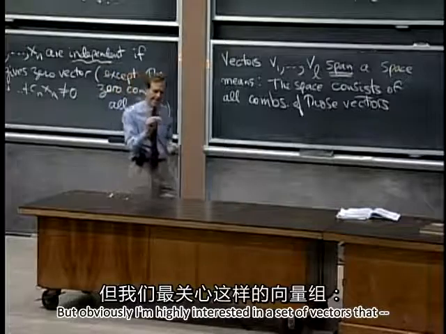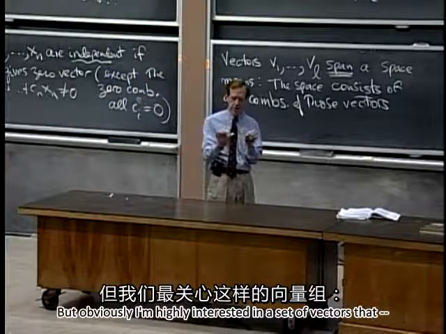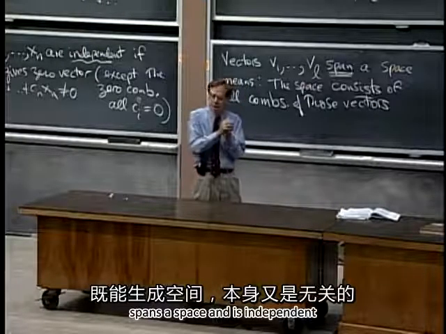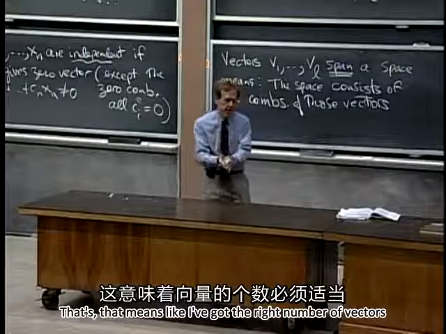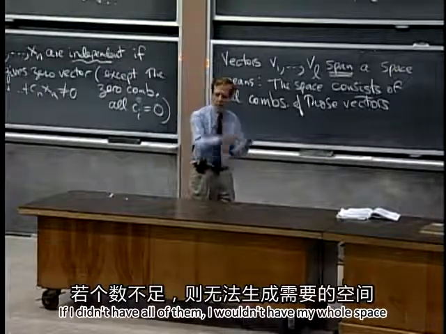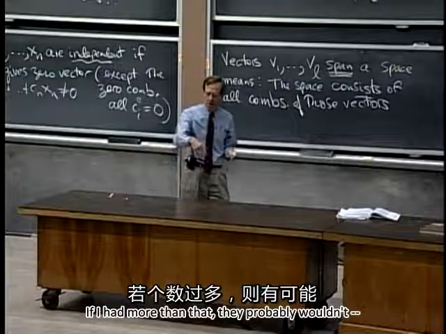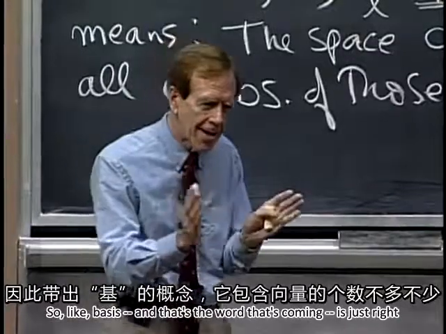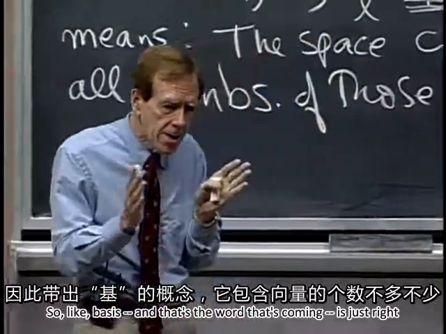But obviously, I'm highly interested in a set of vectors that spans the space and is independent. That means like I've got the right number of vectors. If I didn't have all of them, I wouldn't have my whole space. If I had more than that, they wouldn't be independent. So like basis, and that's the word that's coming, is just right.